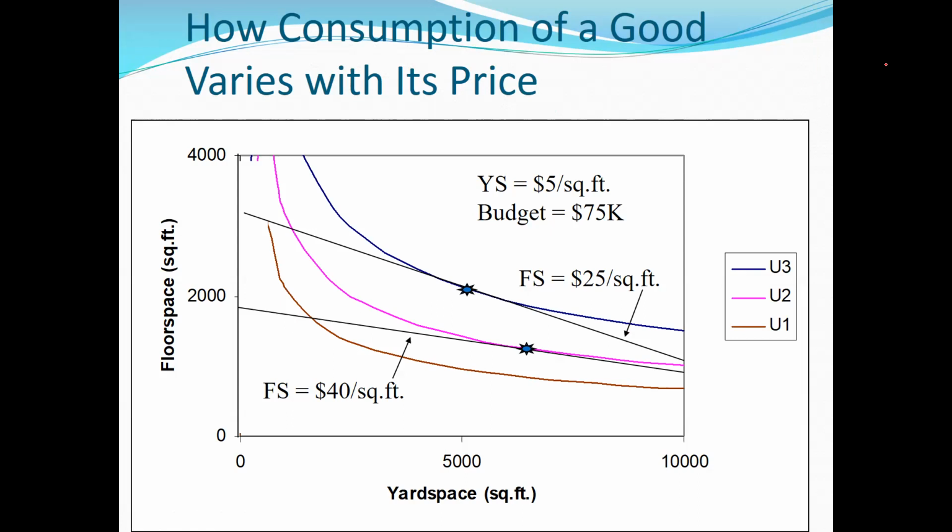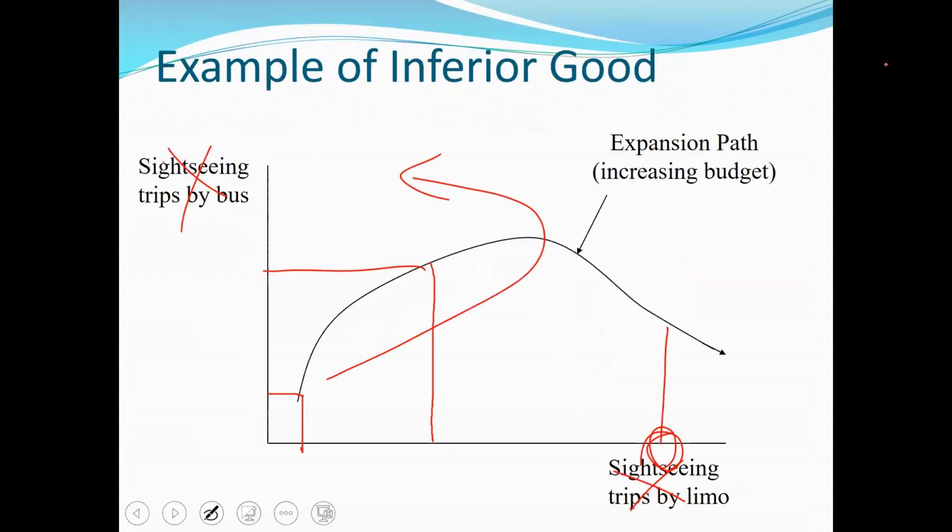If you think about this, let's say your budget was $75,000 and floor space was $25 per square feet.